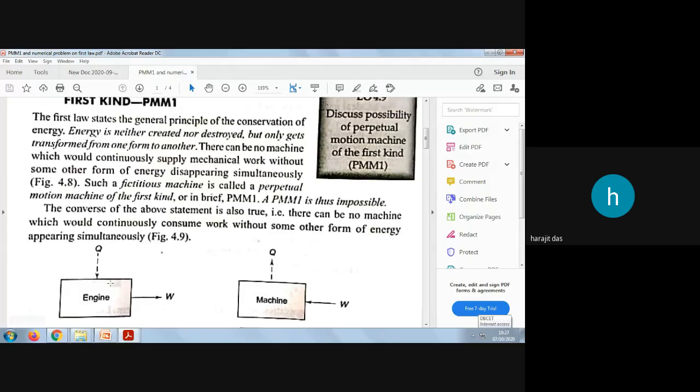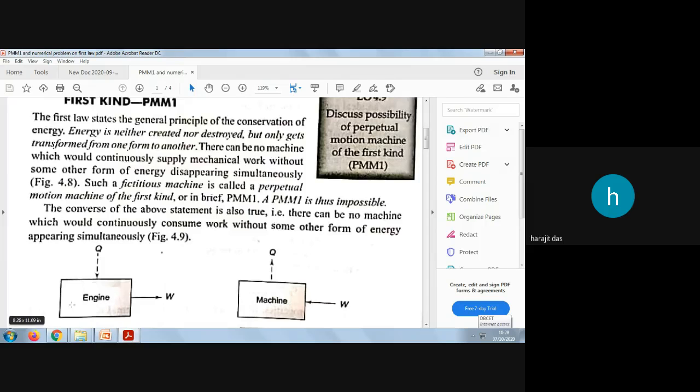If that can happen, which is actually a false statement, then that machine will be called a PMM1 machine.